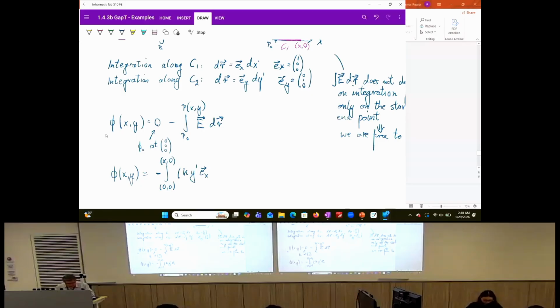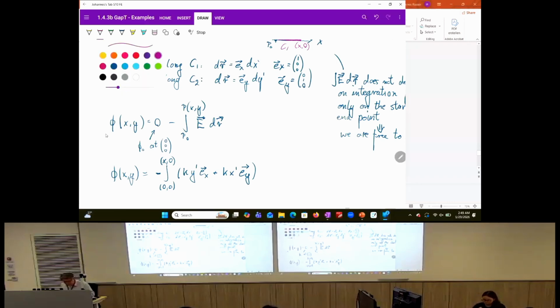The running variable under the integral here is then primed. The z component is vanishing. We drop that. What is our line element? Well, the line element dr is this one here.